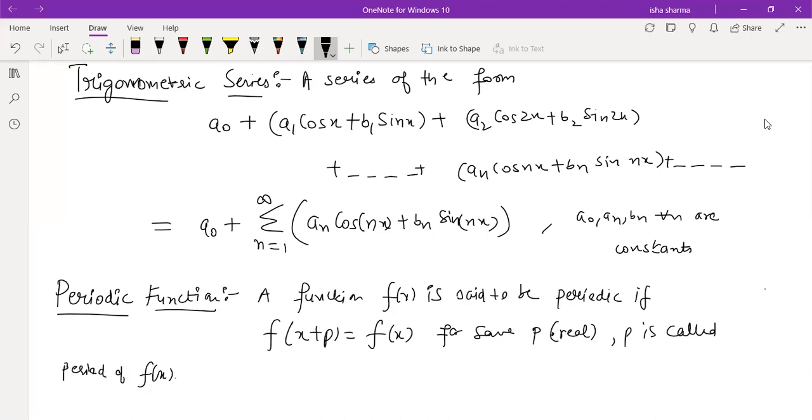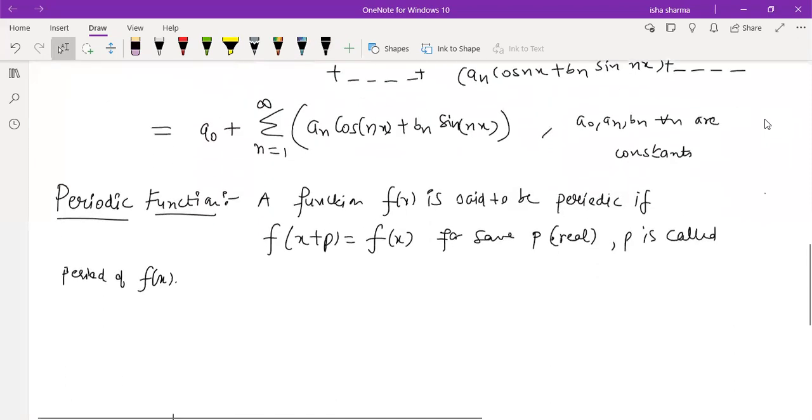So if there exists a real number such that f of x plus p is the same as f of x, that means you just shift the domain from one point to another and you get the same values, and that number is fixed. So that number p is called a period and the function is said to be periodic, right?